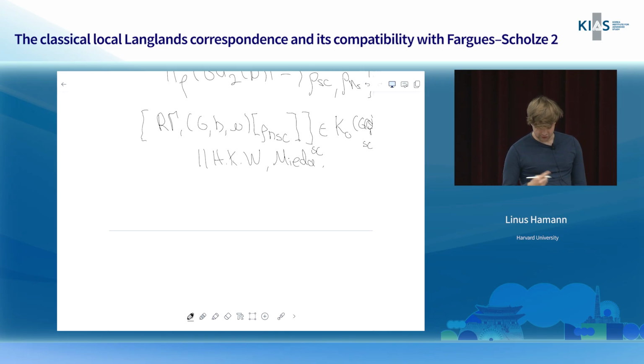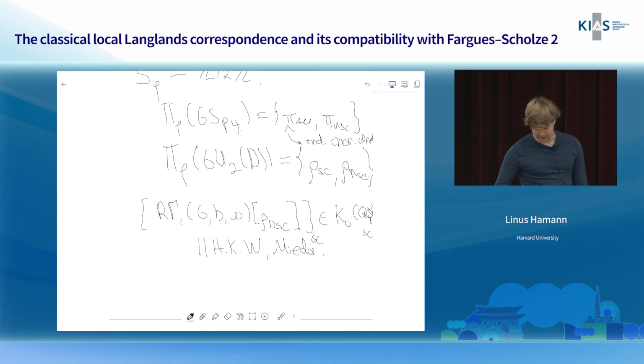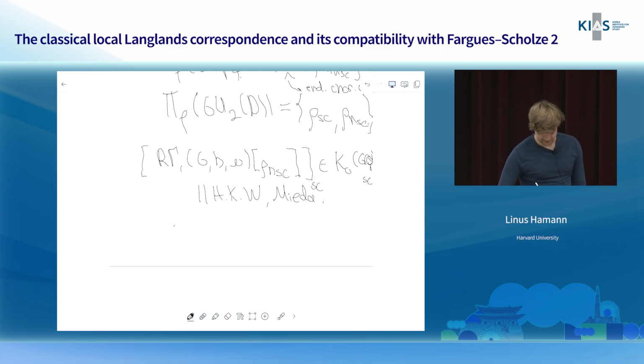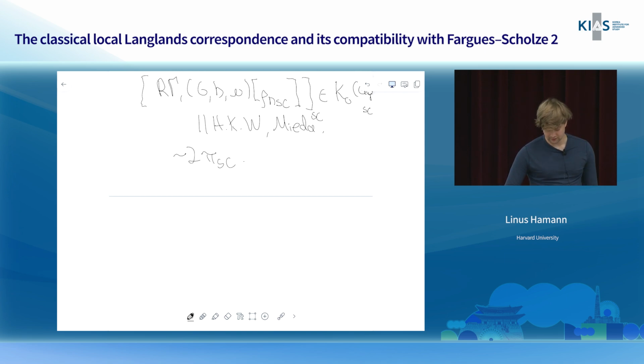But you can show, and this is completely general, anytime you have these endoscopic character identities, that this will actually see two copies of this supercuspidal representation. So in particular, now you know that the Fargues-Scholze parameter of this non-supercuspidal representation is the same as the Fargues-Scholze parameter of the supercuspidal representation.